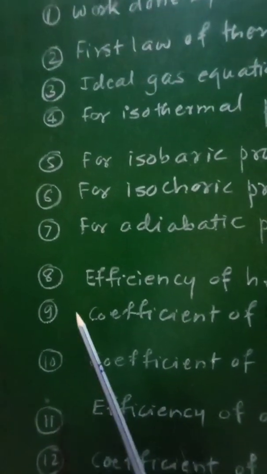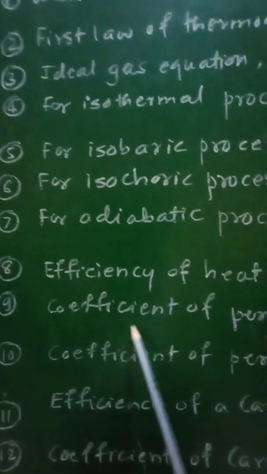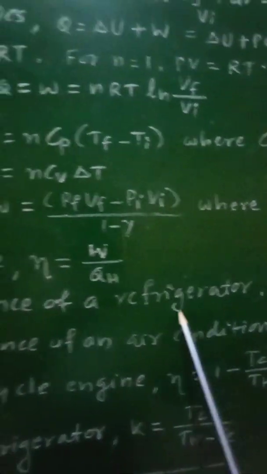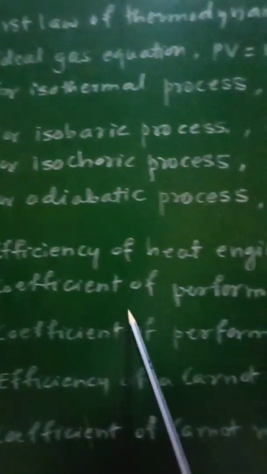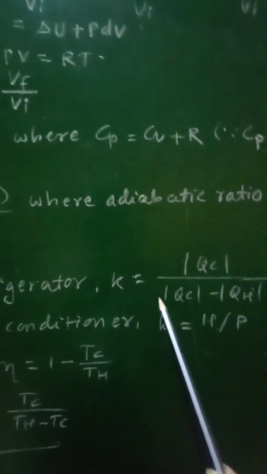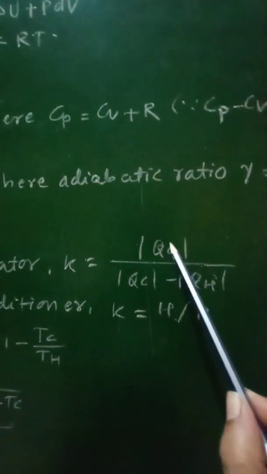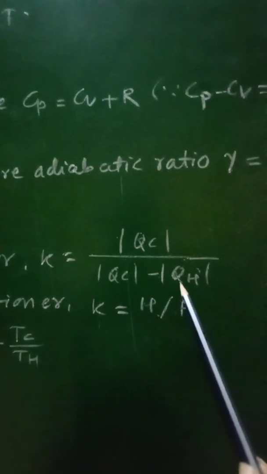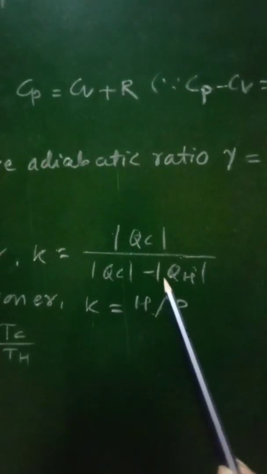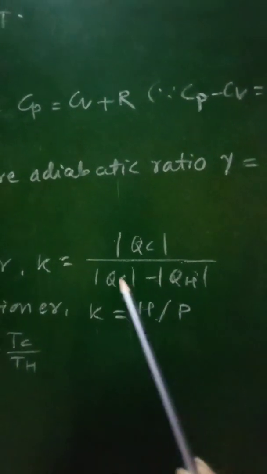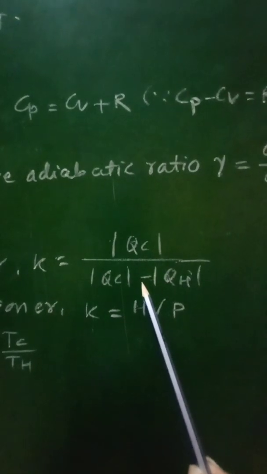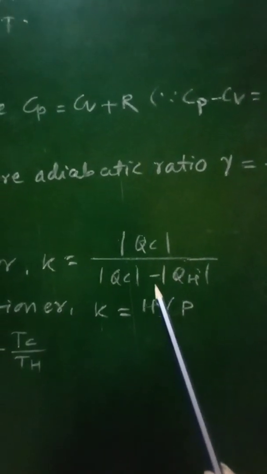Then ninth formula gives the coefficient of performance of a refrigerator, K is equal to magnitude of QC upon magnitude of QH minus magnitude of QC. So this formula will give us the coefficient of performance of a refrigerator.